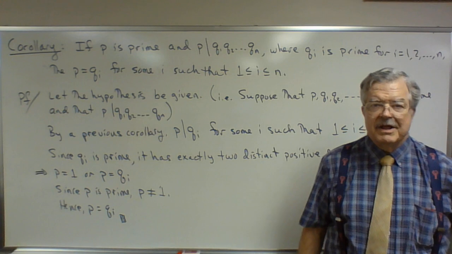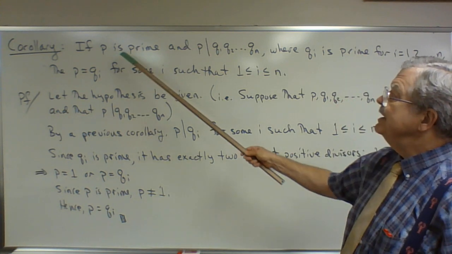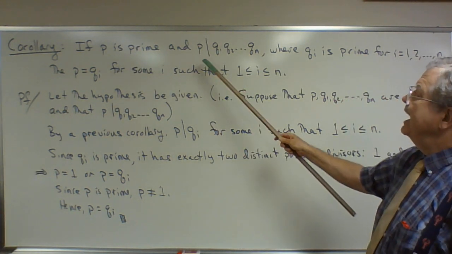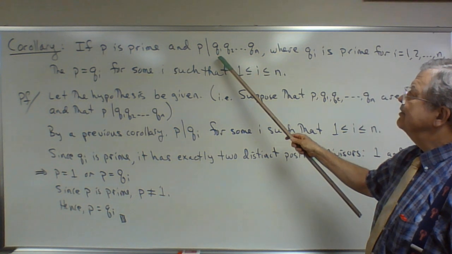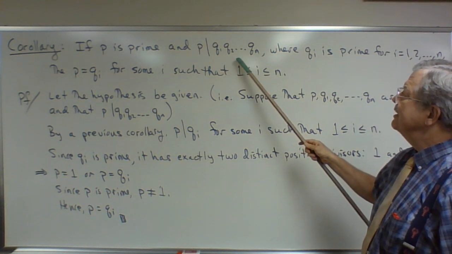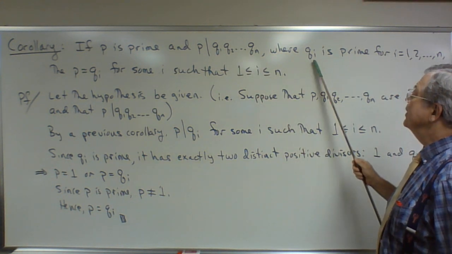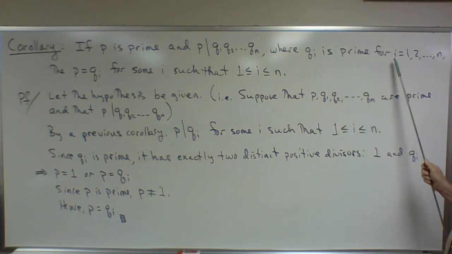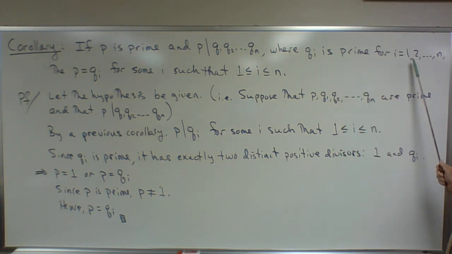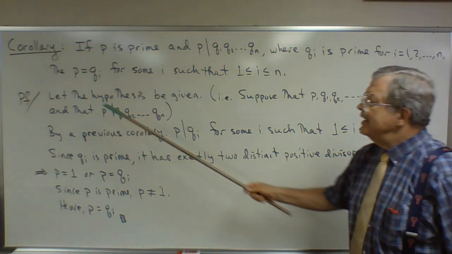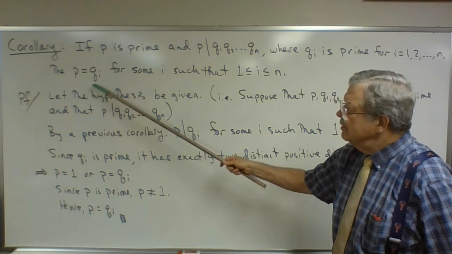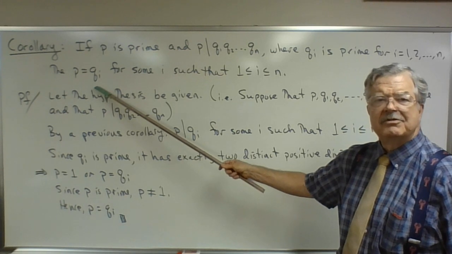But anyway, here it is. If P is prime and P divides the product of Q1, Q2, Qn, where Qi is prime for i equal 1, 2, n, then P equals one of those prime factors.